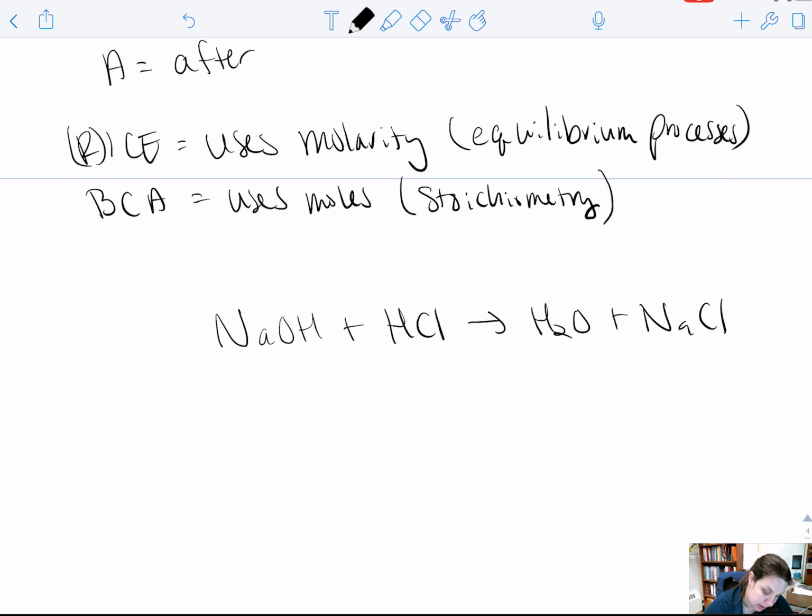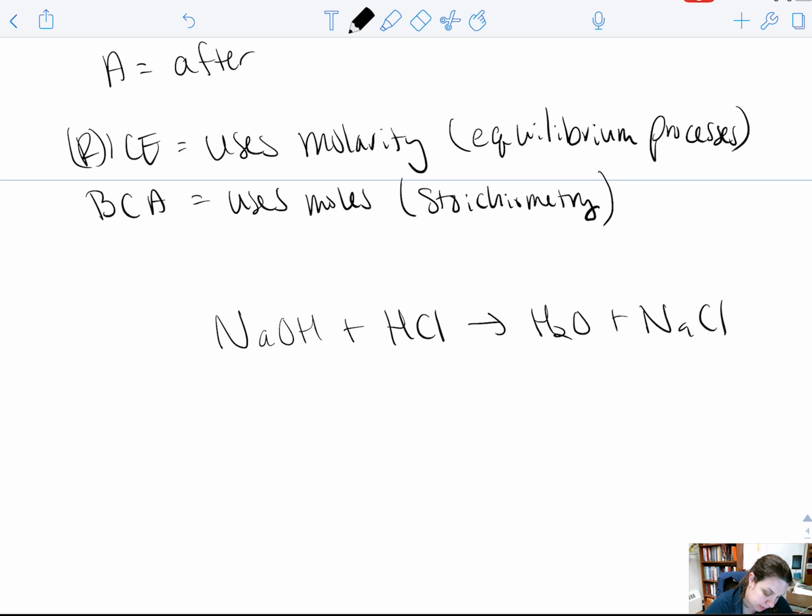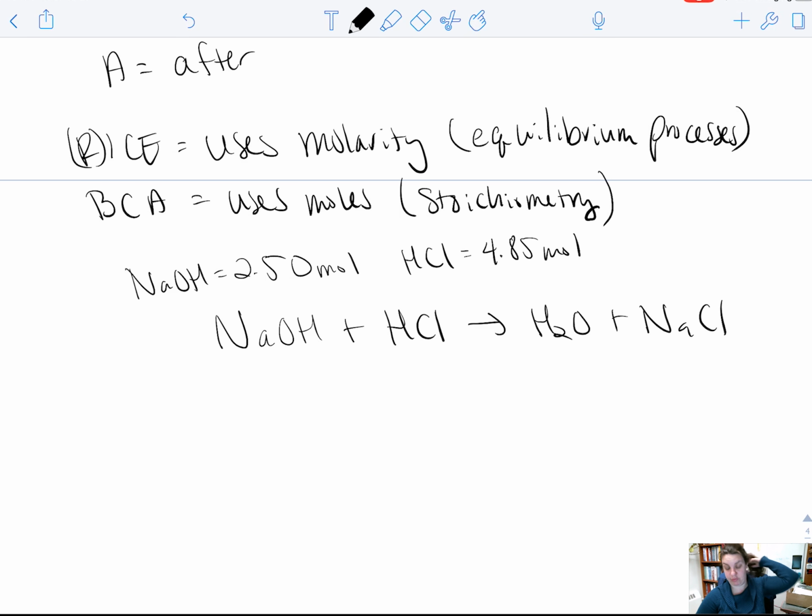If we are given initial amounts, so if we have NaOH equal to 2.50 moles, HCl equal to 4.85 moles, and we have no starting water or sodium chloride, we can use our BCA table just like we used our RICE table. So let's go ahead and do this.